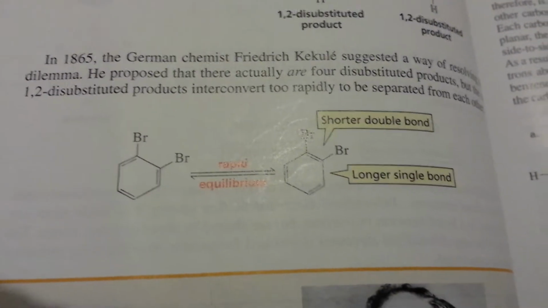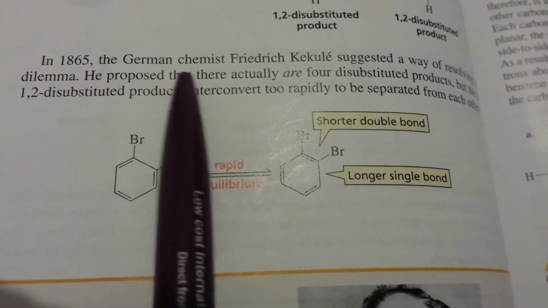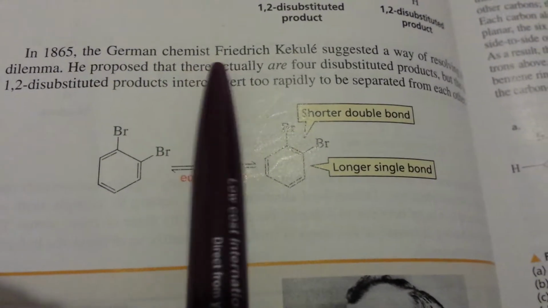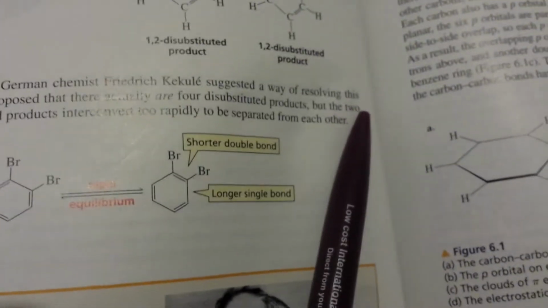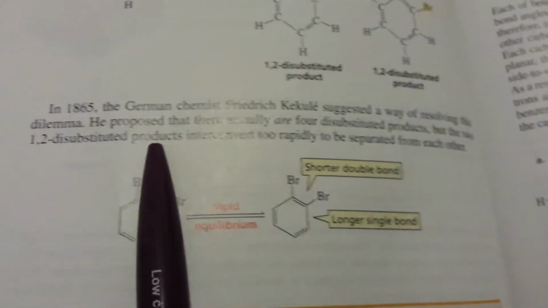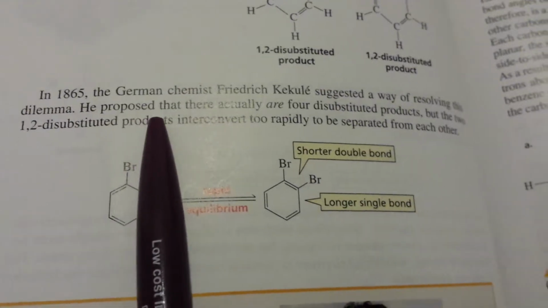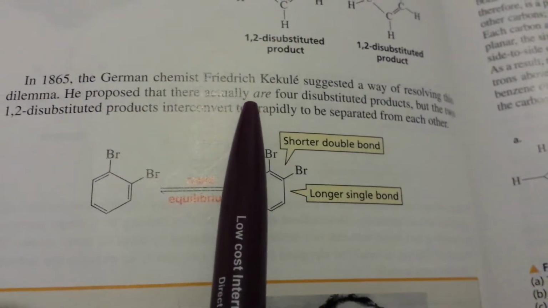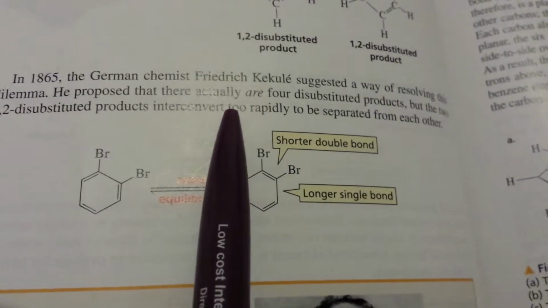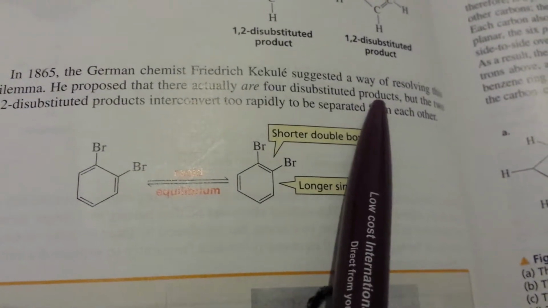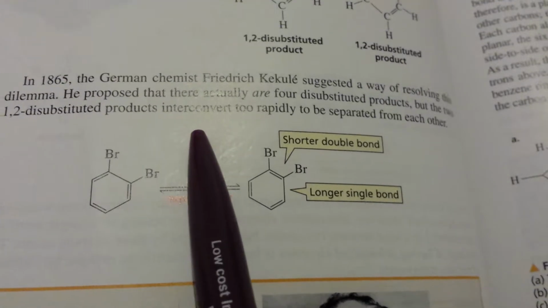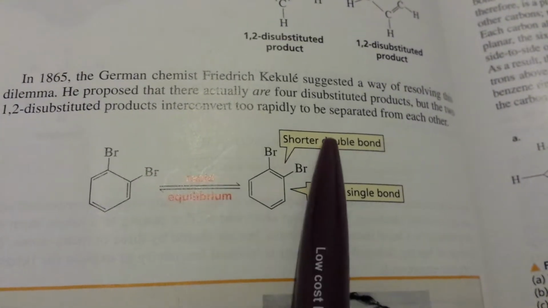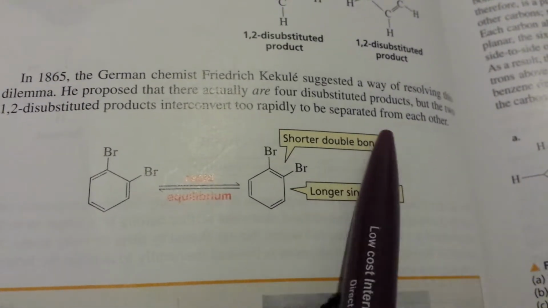In 1865, a German chemist, Friedrich Kekulé, suggested a way of resolving this dilemma. He proposed that in nature there are actually two 1,2 disubstituted products, but they interconvert too rapidly to be separated from each other.